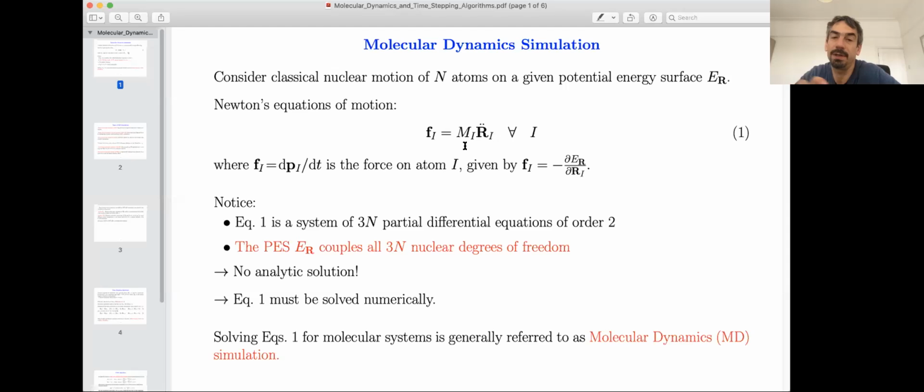This force you then use in Newton's equation to propagate the nuclear dynamics. We will say much more about this in the next set of slides: these Kohn-Sham calculations can be used not only to calculate the ground state energy, but also the force acting on the nucleus.